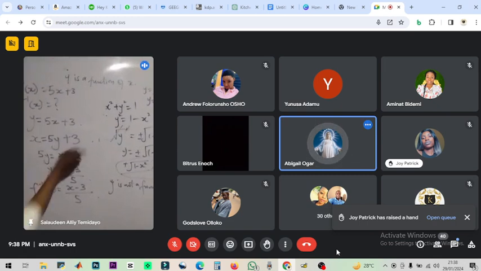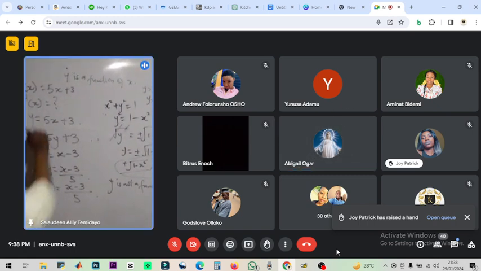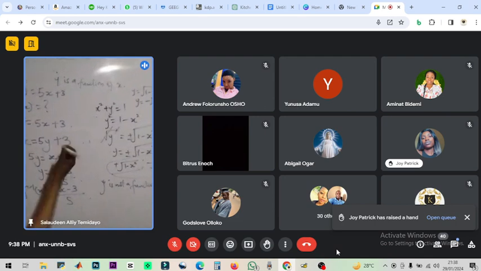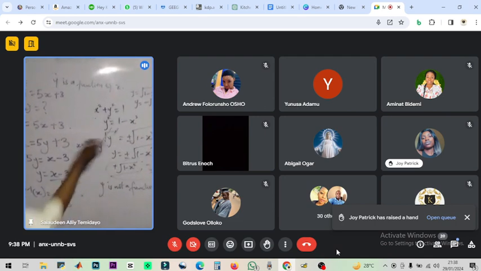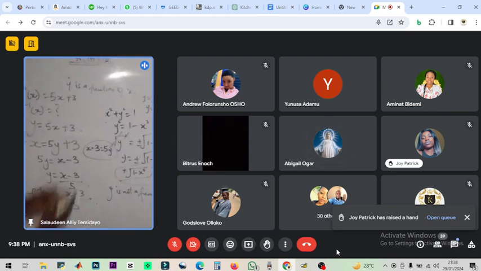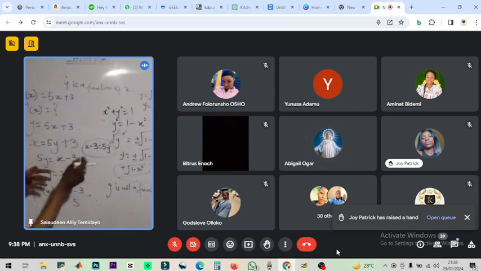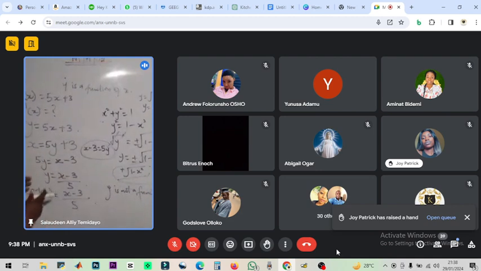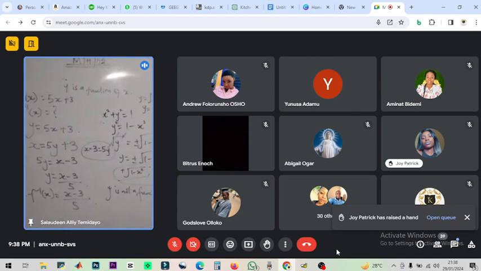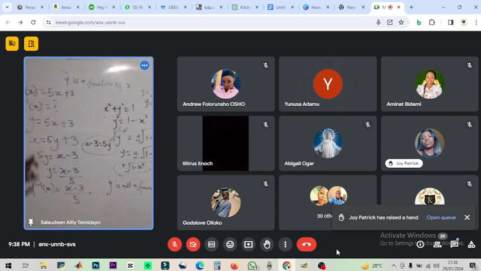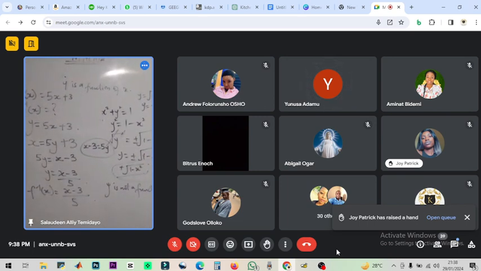What I did is x minus 3 equals 5y. So I now rearrange that, 5y equals x minus 3. You did the same thing. I brought the 3 here and arranged it well.